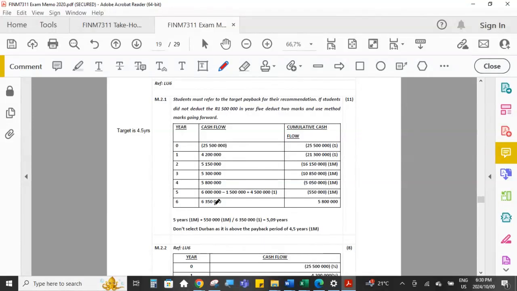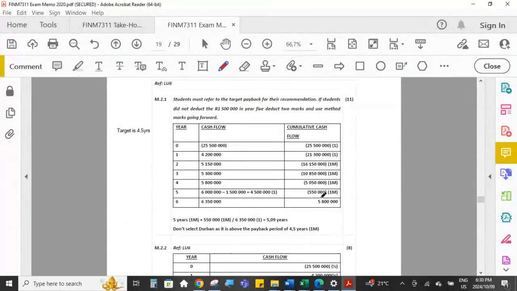Then in year 6, our cash inflow is 6.35 million rand. So when we add that to our cumulative balance, at the end of year 6, we are now finally in positive territory.